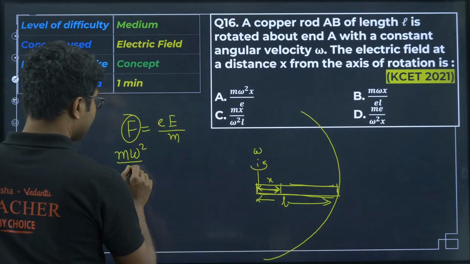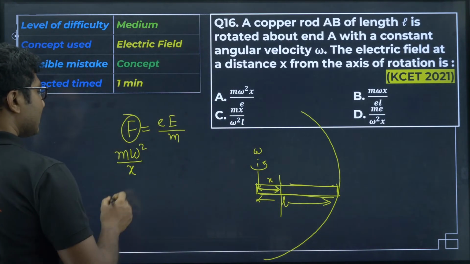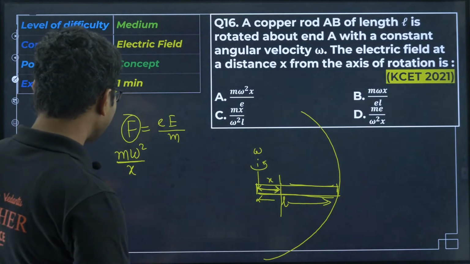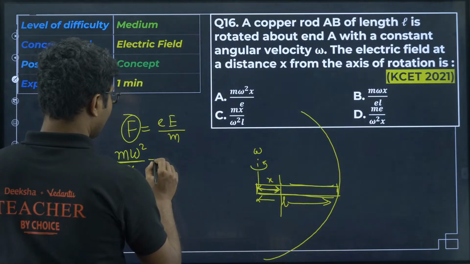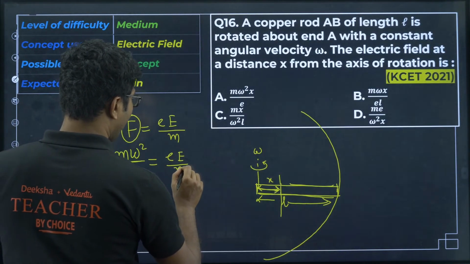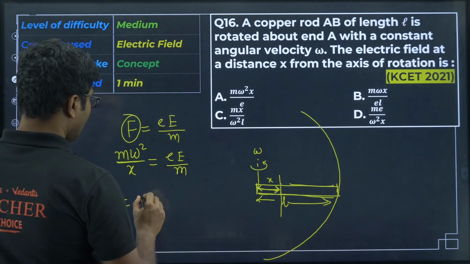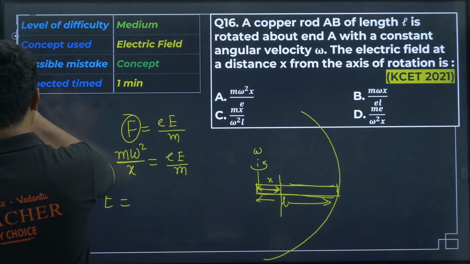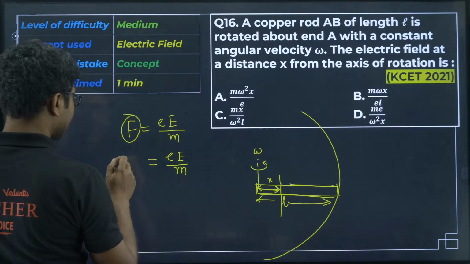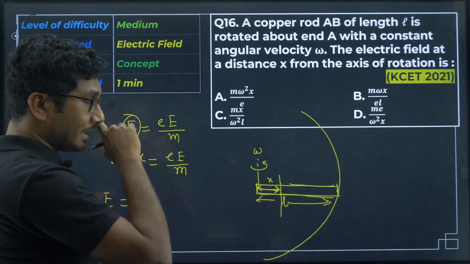We are saying at a distance x, so centripetal force is m omega square x. Sorry, I am confusing it with m v square by r, it is m omega square into x. Okay, this is the centripetal force.